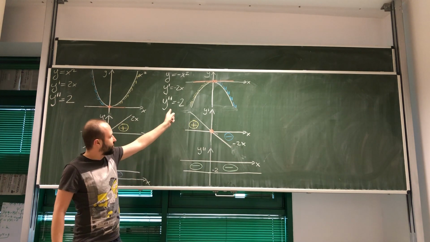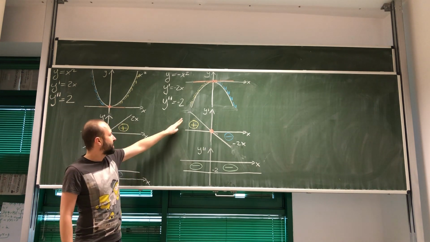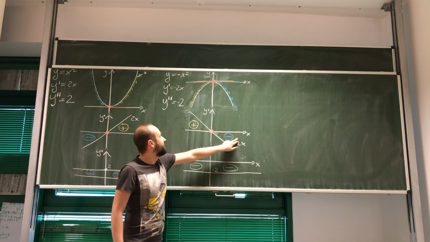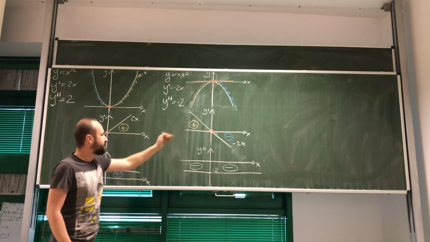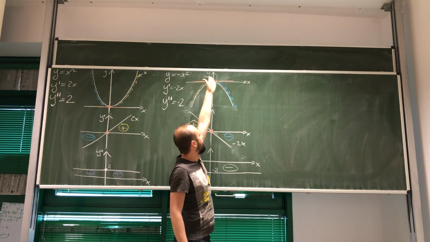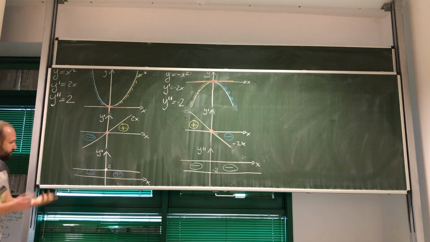If it's downward sloping and it has a 0 in the middle, it means it must be changing sign from positive to negative. And again, this indicates that this function is first growing, reaching a maximum, and then falling. So this point must be a maximum.